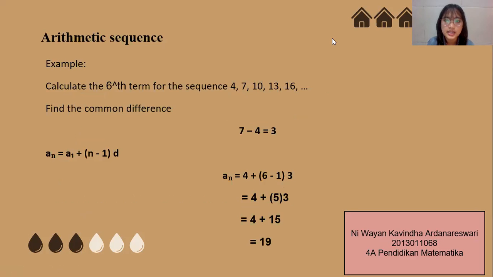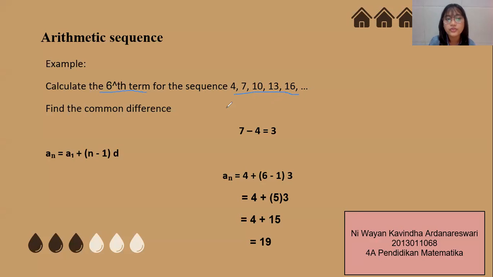So here is the example about the arithmetic sequence. Calculate the sixth term for the sequence 4, 7, 10, 13, and 16. First of all, we find the common difference first.